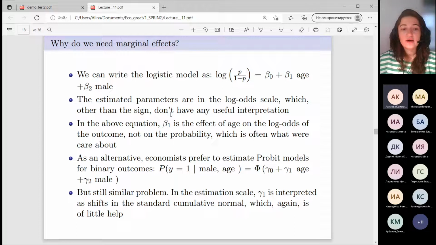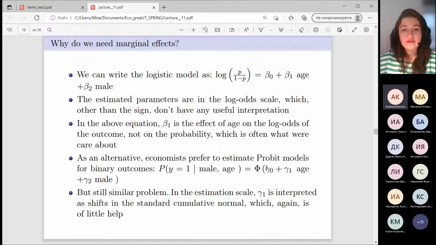And also, if we try to interpret the probit model, this is the logit and this is the probit. In the probit model, the dependent variable is some probability, the probability that your dependent variable equals 1, for example, that the respondent owns a house, conditional on some characteristics like male, age, income, and so on.